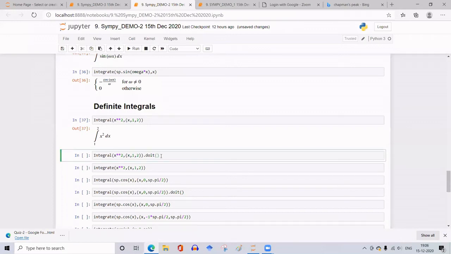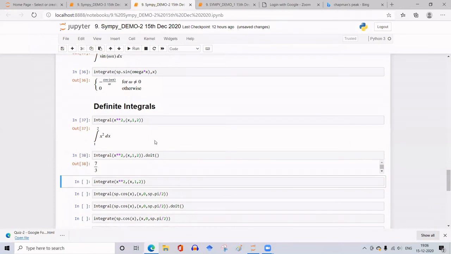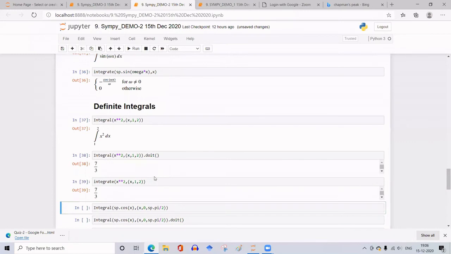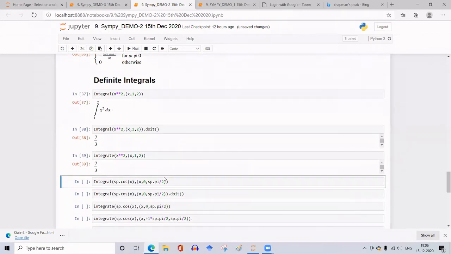So what must I get? I'll evaluate this with dot doit. In the rational form, I'll get 7 by 3. I can also do this using the small letter integrate, which also gives the same result. You can substitute and verify this.